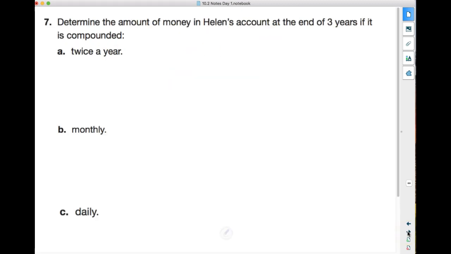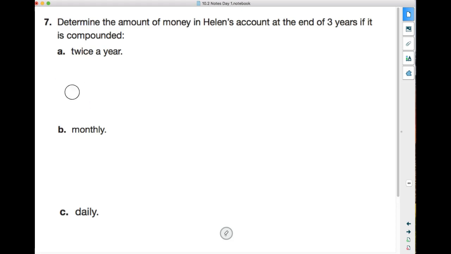Determine Helen's amount of money in the account at the end of 3 years if interest is compounded twice a year. If it's compounded twice a year, my account balance after 3 years, not 2 years.